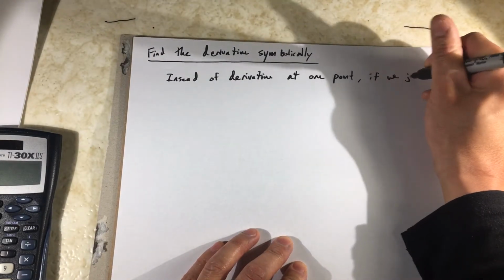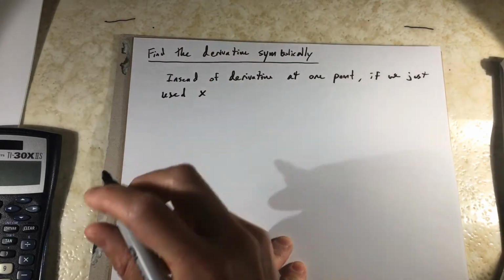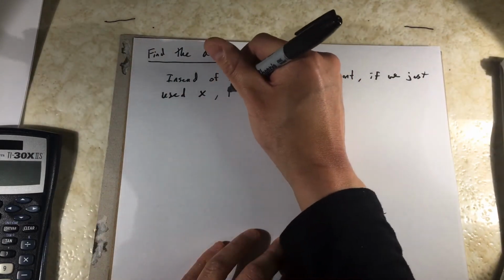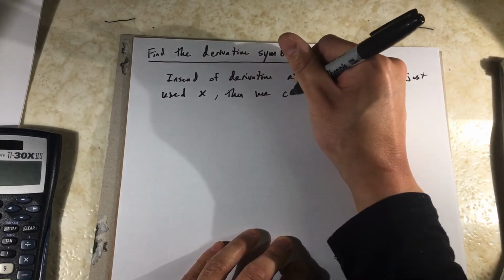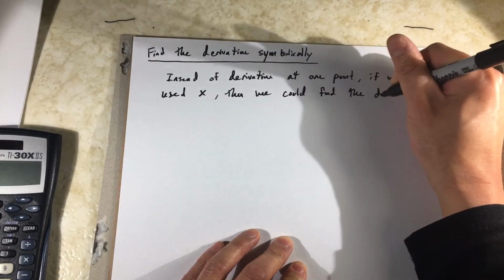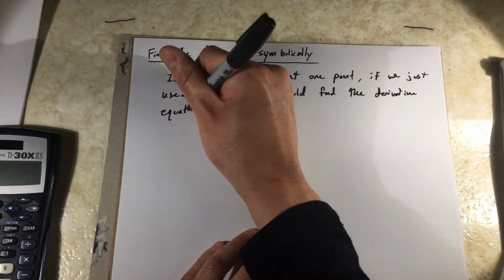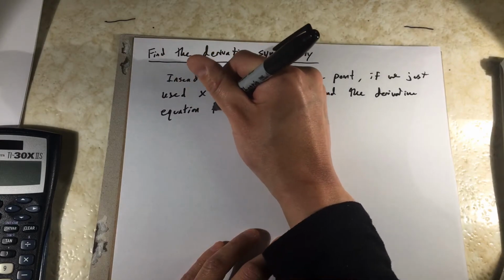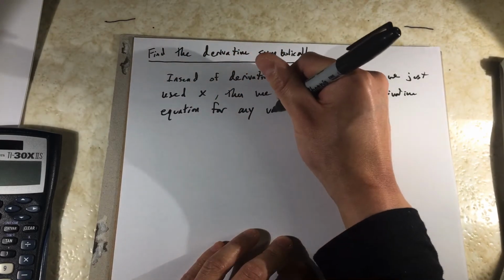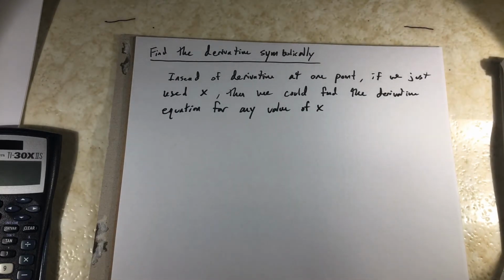If we just used x, then we could find the derivative equation for any value of x, right? So instead of just using 2, we can just figure it out for any value of x.